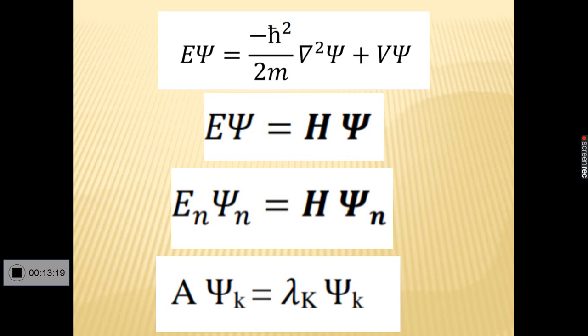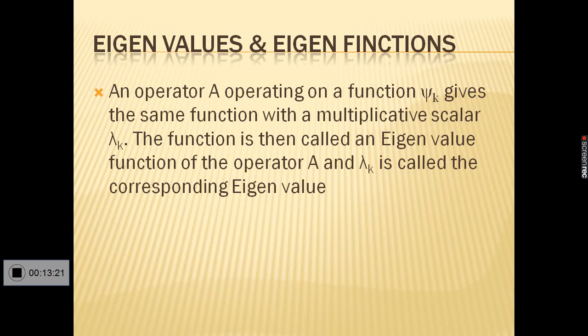Generally, if an operator operating on the wave function gives the same wave function with a multiplicative scalar quantity, then the wave function is the eigenfunction of the operator, and the scalar quantity is the corresponding eigenvalue. So eigenvalues are the possible values of measurements of an operator.